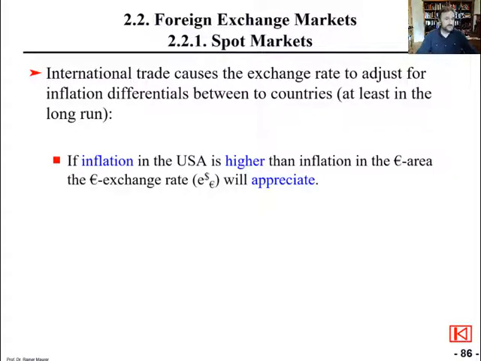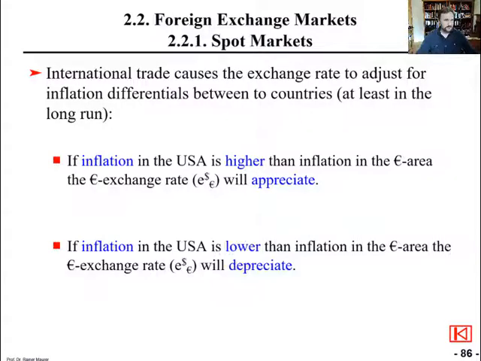If the inflation rate in the United States is higher than the inflation rate in the euro area, the exchange rate of the euro against the dollar will appreciate. If inflation in the United States is lower than inflation in the euro area, the exchange rate of the euro against the dollar will depreciate.